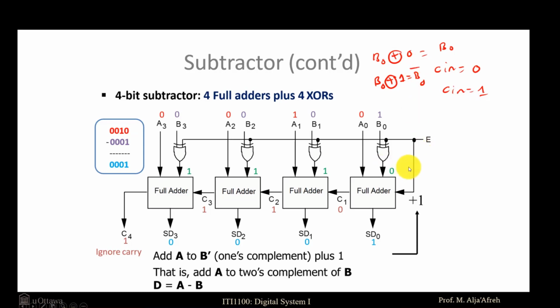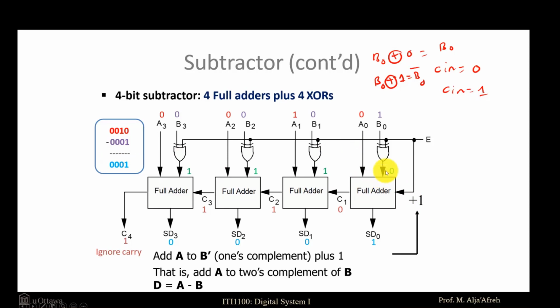So what we're doing here, in order for us to do the subtraction between 0010 and 0001, basically each bit of B will be XORed with 1.